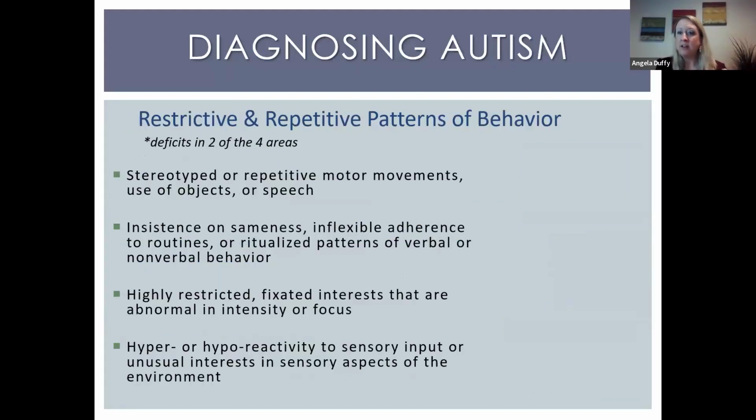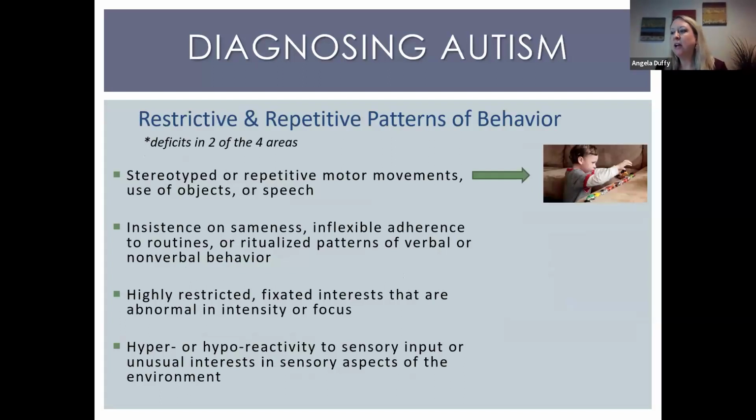Now I'm going to go over the second core area, which is restrictive and repetitive patterns of behavior. To get a diagnosis for autism, an individual needs to have deficits in 2 out of these 4 areas. The first is stereotyped or repetitive motor movements, use of objects or speech.